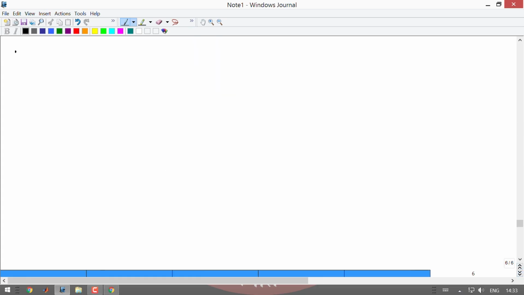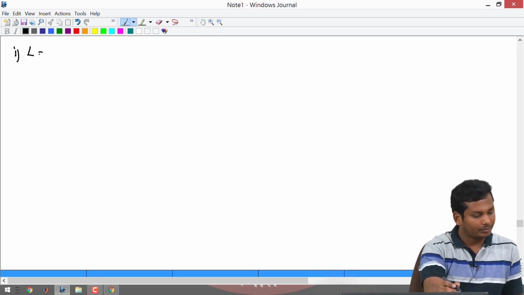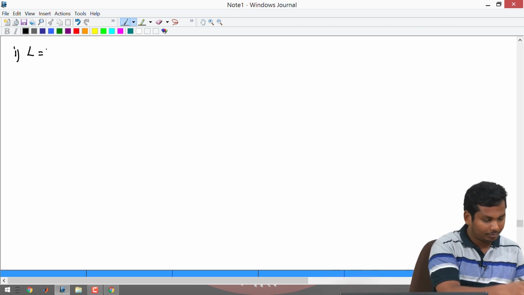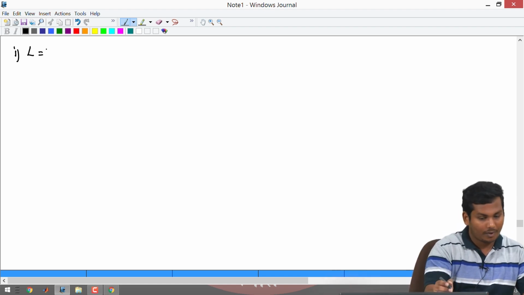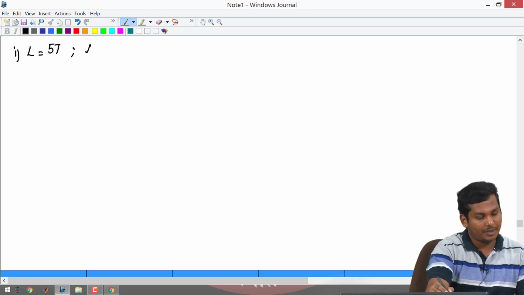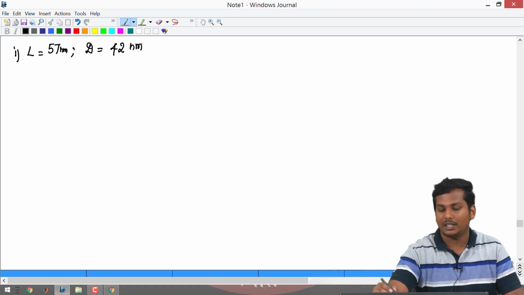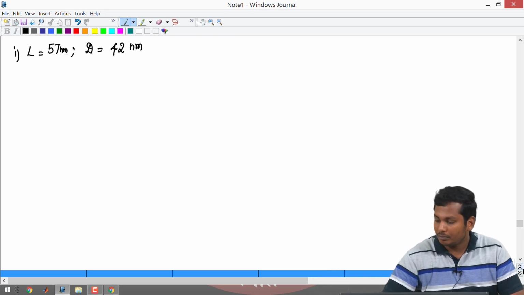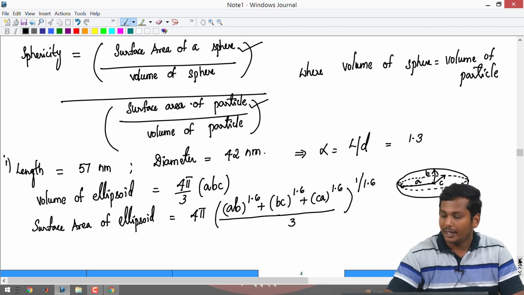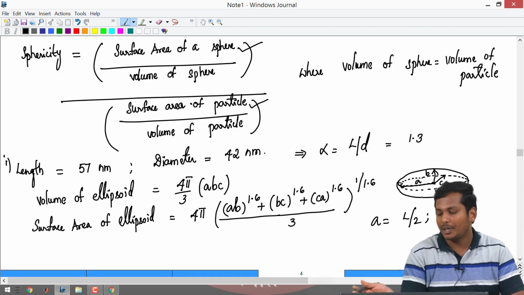those values. So, for the first case we were given that the length is 57 and diameter is given as 42, sorry, it is nanometers, and we have seen that in the ellipsoid A will be L by 2, and we consider that it is symmetric in both the directions.